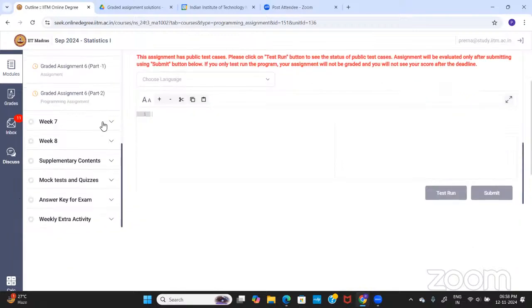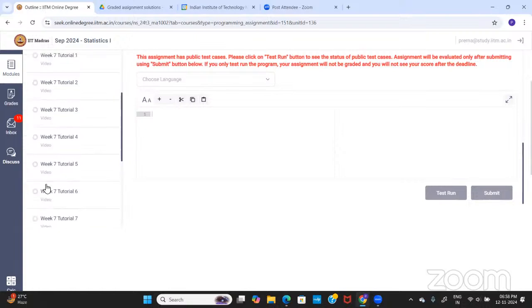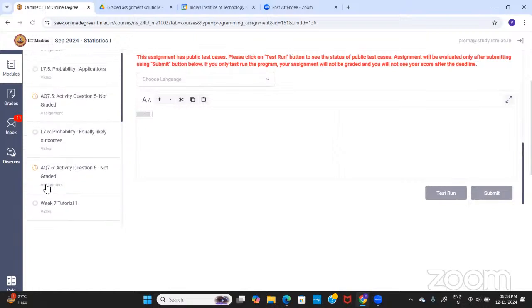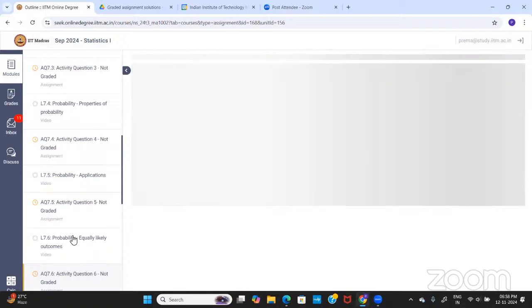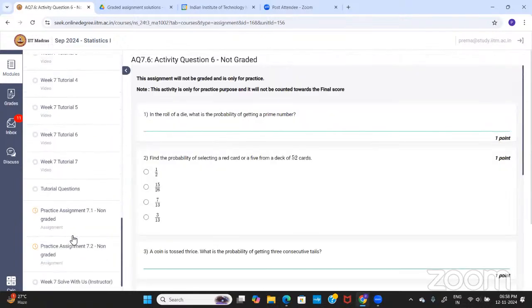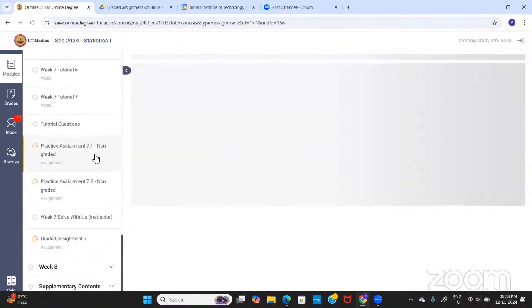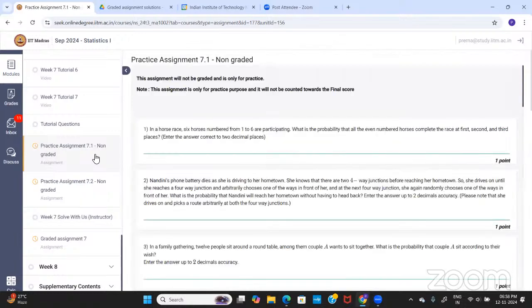Any other doubt in week 7? Ma'am, for that extra activity, there is one PPT that says we need to review with peer review, but there is no option there. So we only need to submit the link for that extra activity.